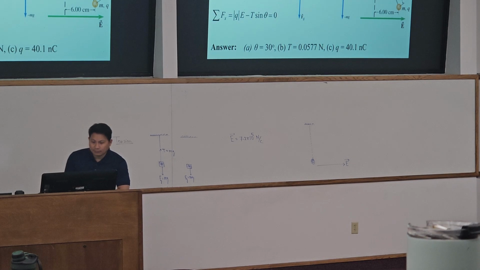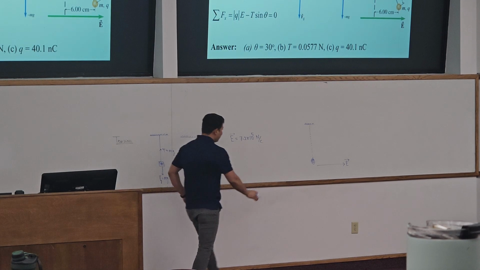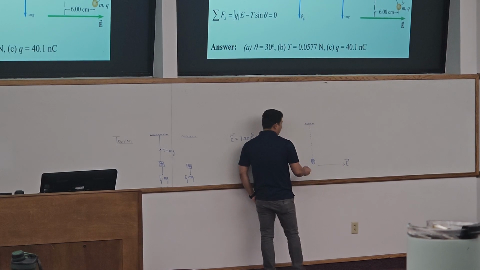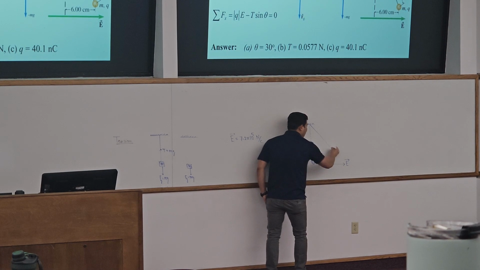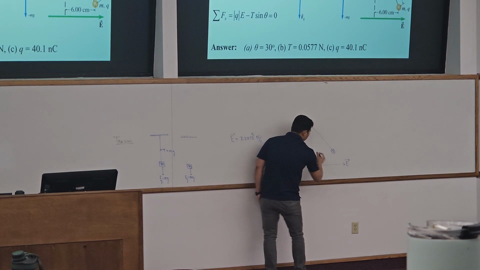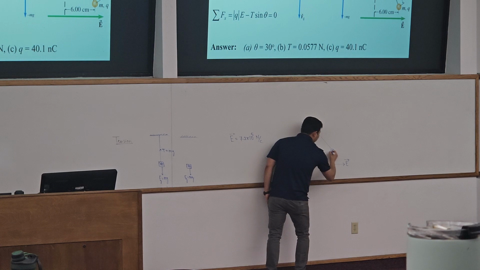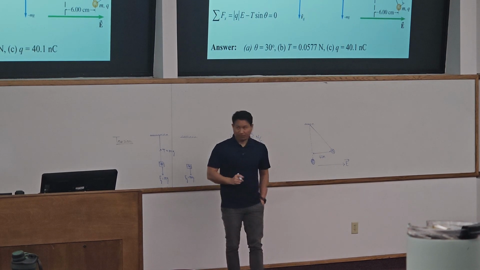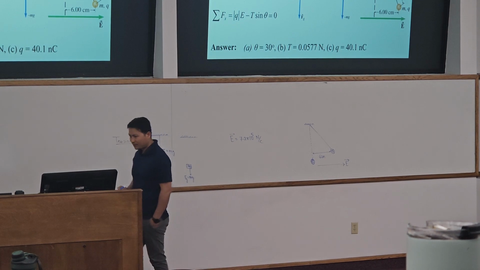As a result of electric field, the sphere is displaced by 6 centimeter horizontally in the direction of electric field. Because this is a charged sphere, it interacts with this electric field and it is displaced to some point like this, and this displacement is given, 6 centimeter.